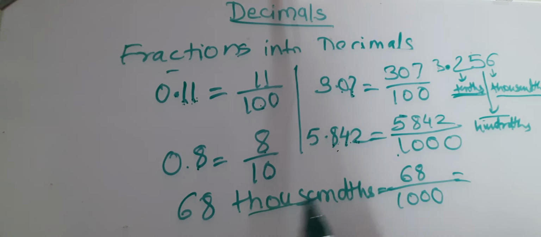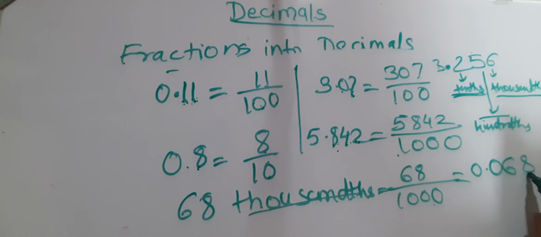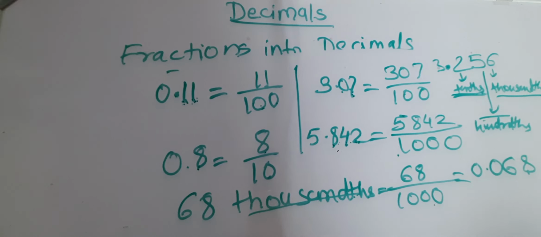Because it is 68 thousandths, that means it is being divided by 1000. Okay, and if it is 68 by 1000, the value should go till the thousandths place. So in decimal, how we can write it? 0.068. This is our thousandths place. So it is 0.068.